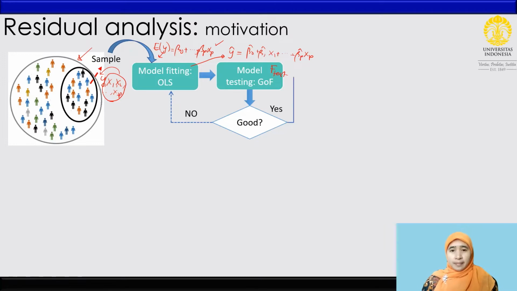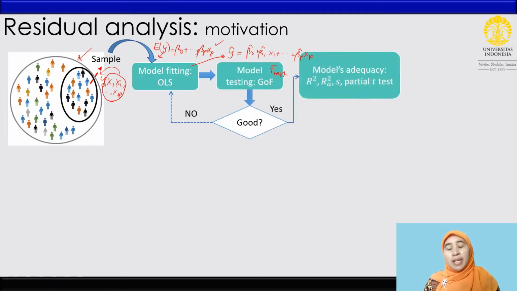But if the result is good, then we can move on with, okay, we can use X1, X2 up to XP to predict Y, but then how good is their performance?